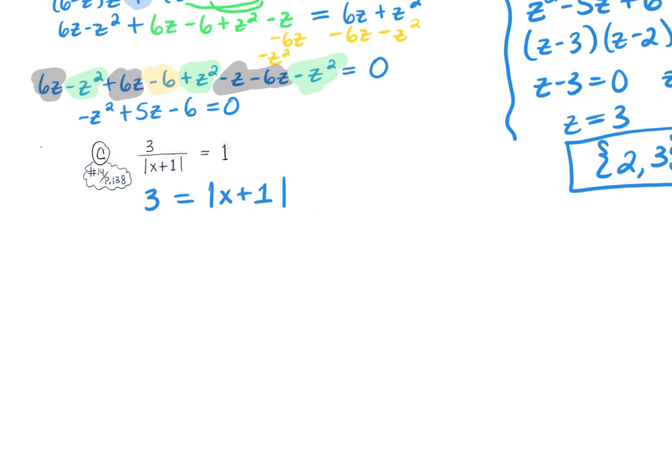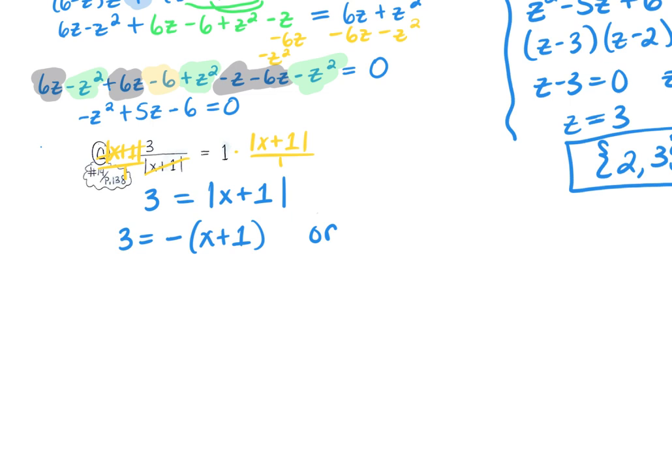That means we have 3 is equal to negative 1 times the quantity x plus 1, or, to get from here to here, we multiply everything by the absolute value of x plus 1. Then these x plus 1s cancel out. Does that make sense? Yes, ma'am.